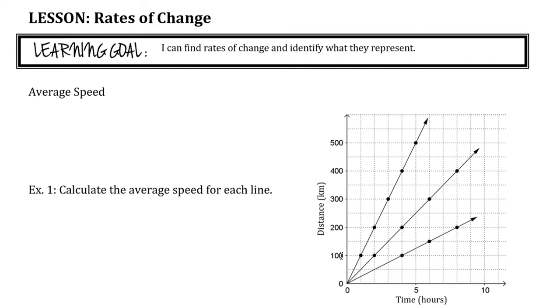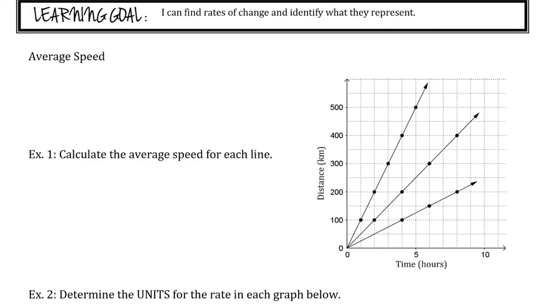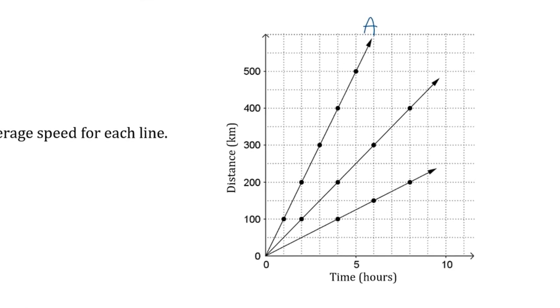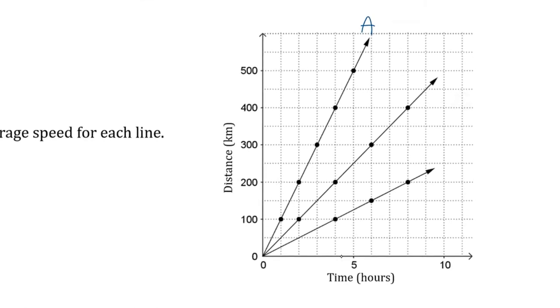And one that we look at, let's take a look at this graph before we get into it. This graph is a graph of distance and time. So if I call this A, and I look at A, then I can see that they went 200 kilometers in what looks like 1, 2, 3, 4, 5, right?